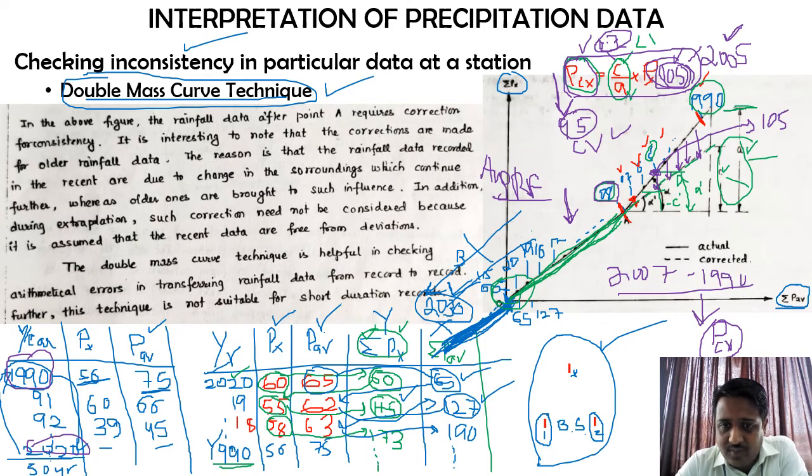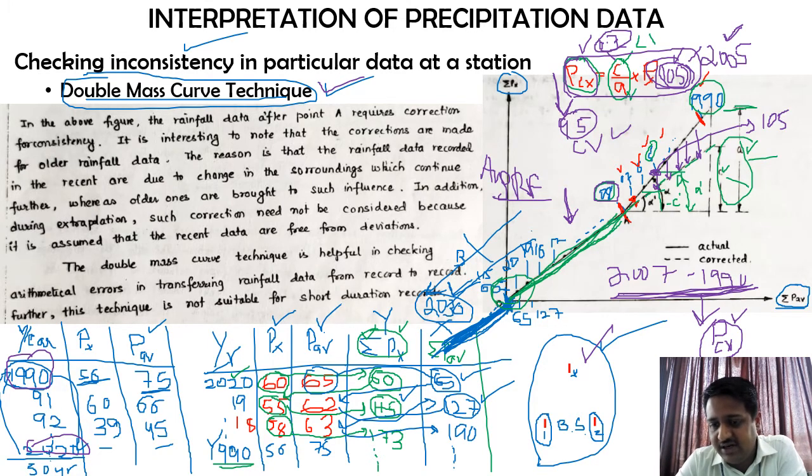So this is how you need to initially do the corrections for the deviation years, if any. And then with the new PCX you have got, you need to calculate the new average rainfall over that particular catchment for the entire duration. So such usual calculations will be there with the double mass curve technique. I hope I am clear with the calculation part.